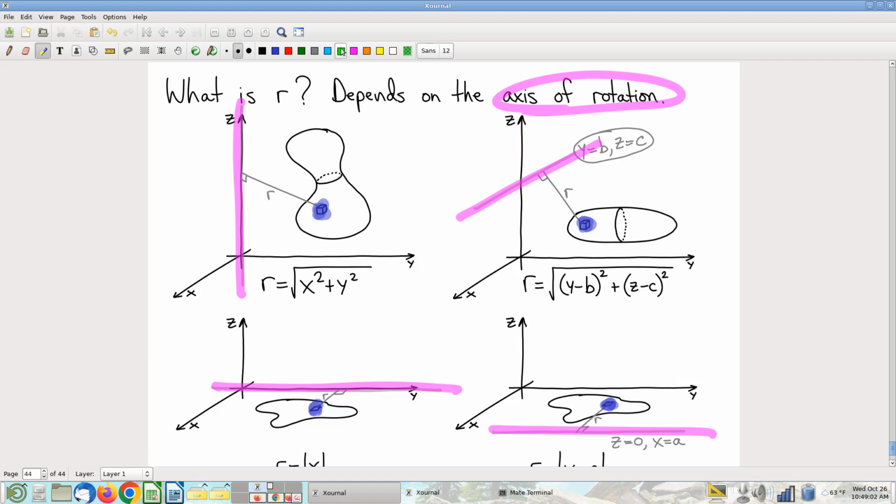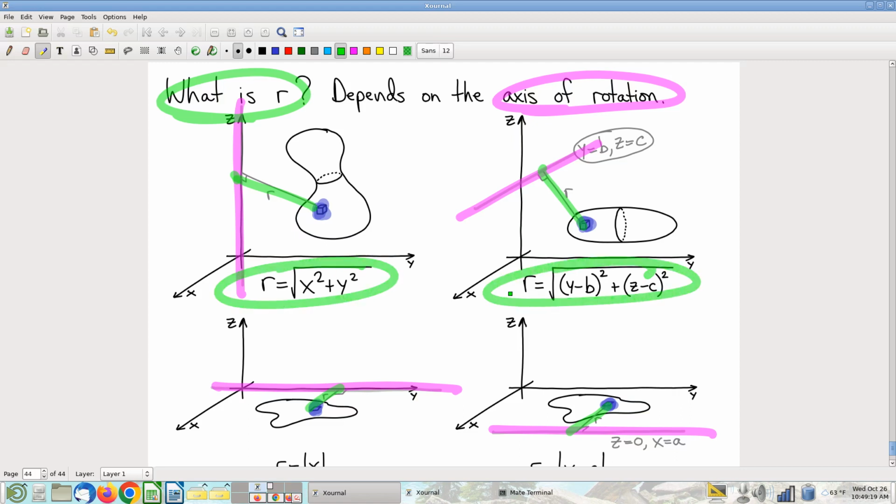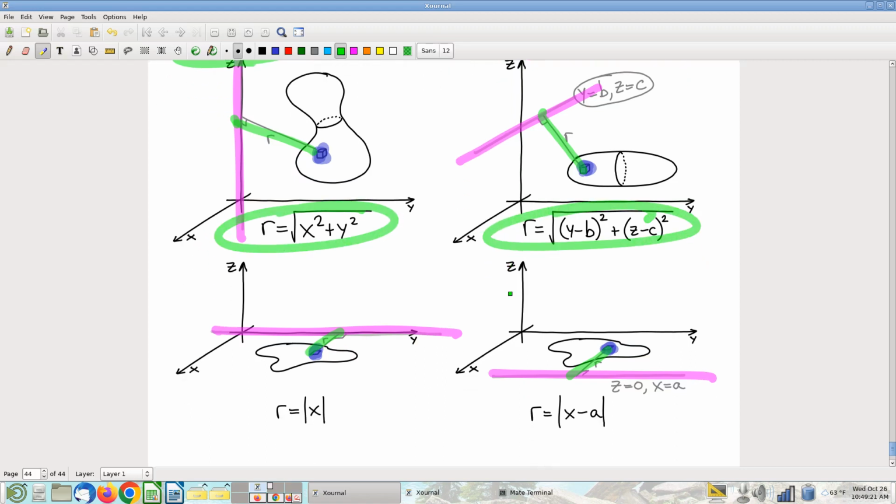R is the distance. And notice it's different in every picture. You have all these different possible axes you can rotate around, and there's going to be a different formula in each picture appropriate to the context. Some of those will be easier to remember than others, I suppose.